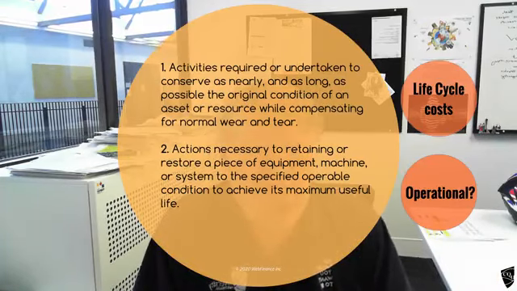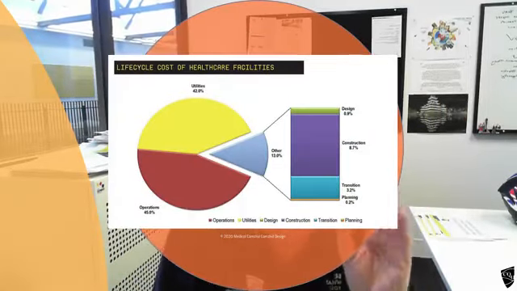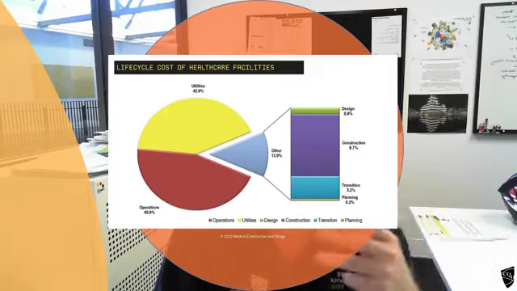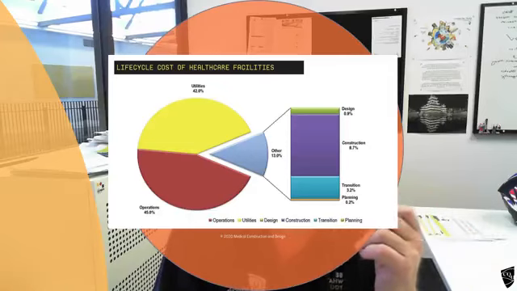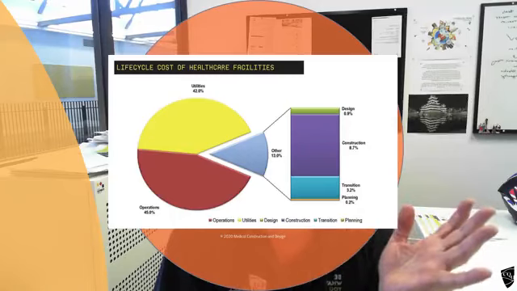Life cycle costs themselves, just to break this down several times, this is hammered in the old and this new lecture as well. This is a healthcare facility, say a hospital or a clinic. The operation cost of it is 45%.